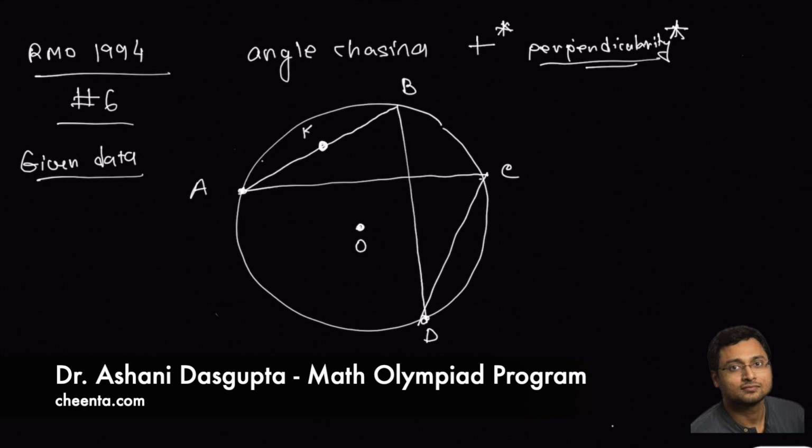Suppose K is the midpoint of AB and L is the midpoint of CD. Then we want to show that OKLM is a parallelogram.